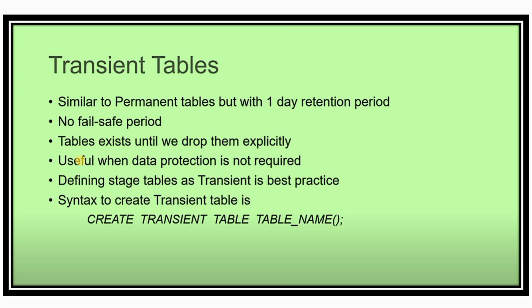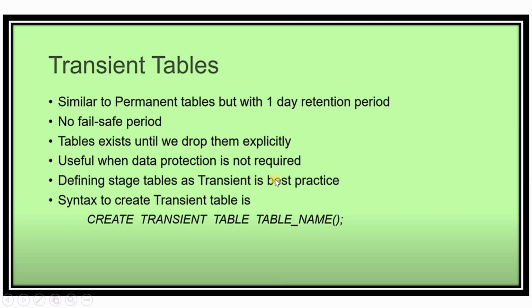The data protection and retention period of a permanent table is more costly, because it has 90 days or 20 days of retention period, but here it has just 1 day. So Snowflake will not cost you more money in comparison with permanent tables.